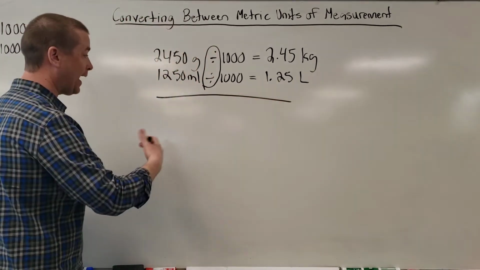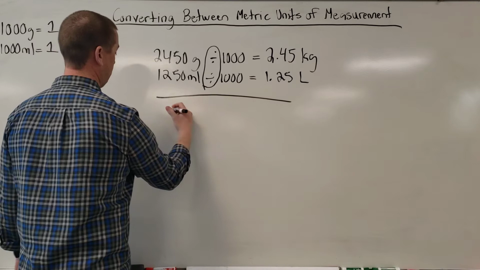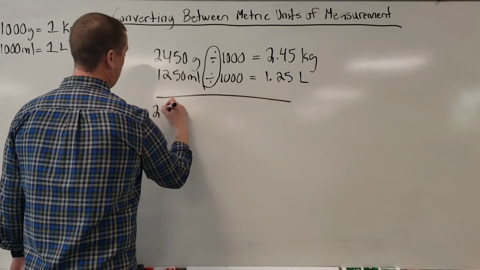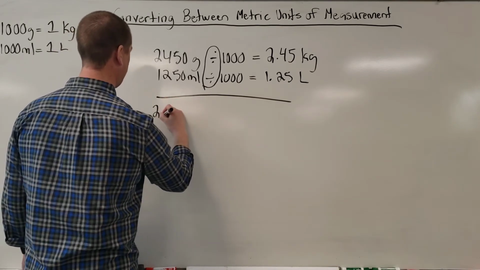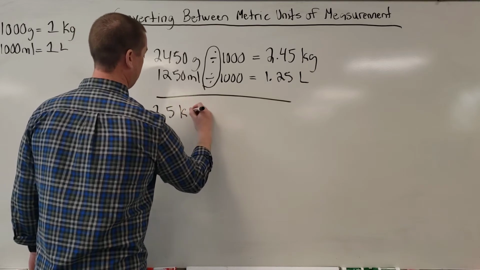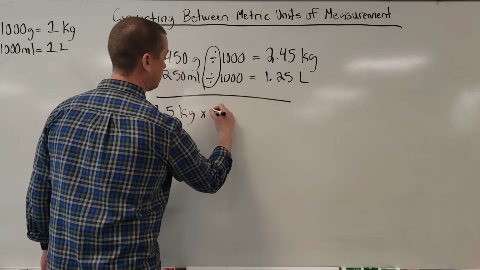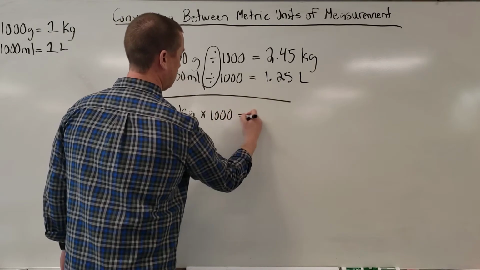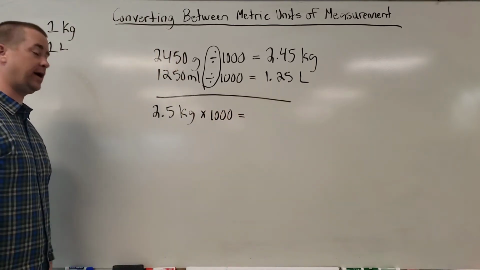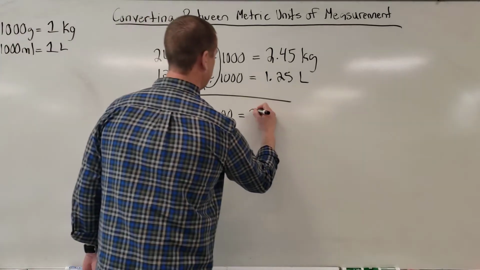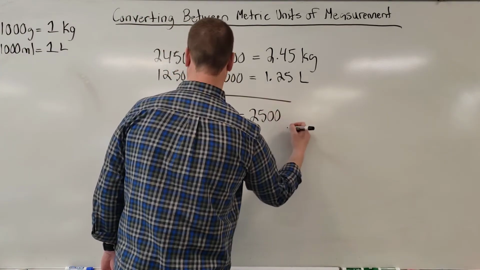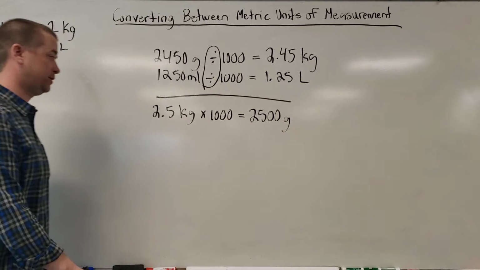All right, let's go the other way now. So if we're going to go back, let's say for example, we have 2.5 kilograms, and now we want to go to grams. We are instead going to multiply by 1,000. So that would give us 2,500 grams.